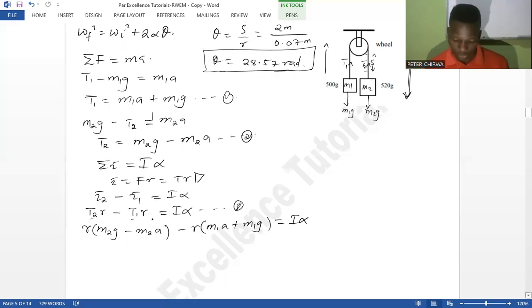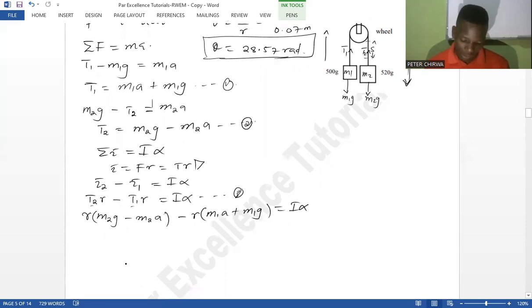So we can distribute this. After distributing, we're going to get m2gr minus m2ar, and minus m1ar and minus also m1gr equal to I alpha, like that.